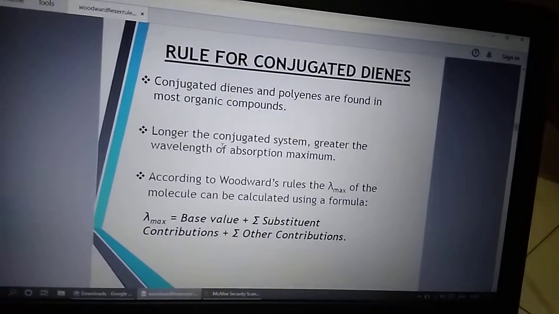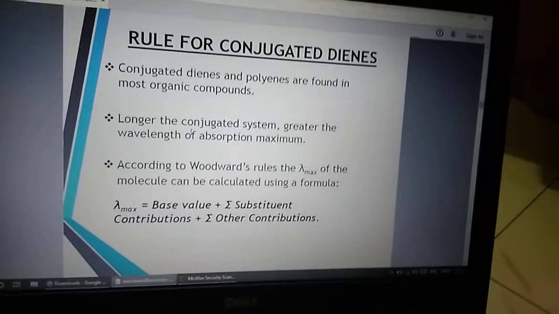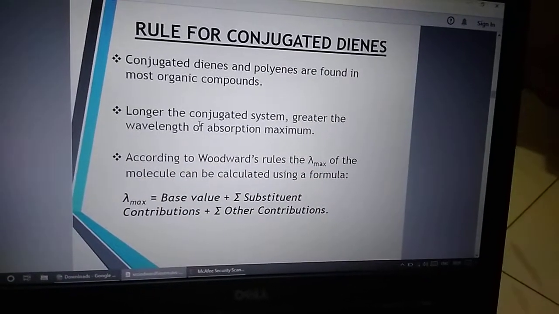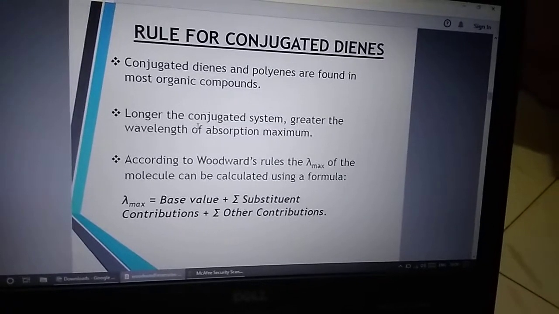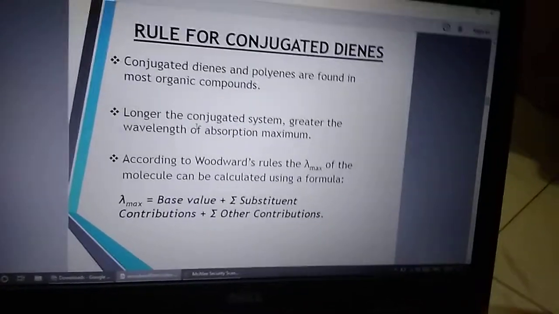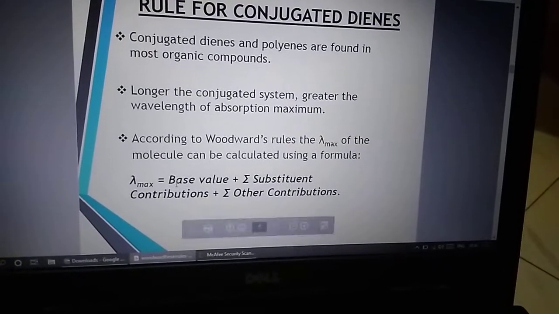What are the rules for conjugated dienes and polyenes? Dienes are compounds having double bonds, and conjugated dienes are compounds having alternate double bonds. According to the Woodward-Fisher rule, the lambda max can be calculated using the base value and the substituents.